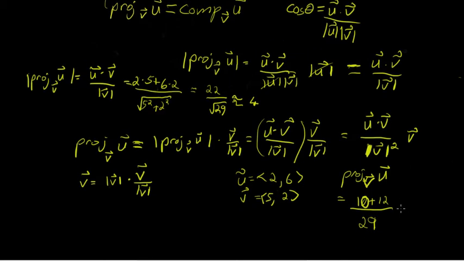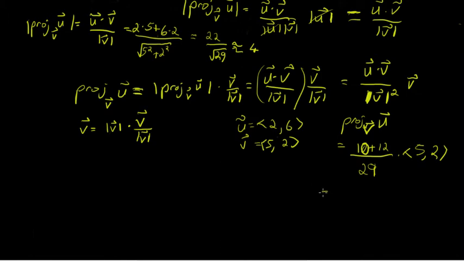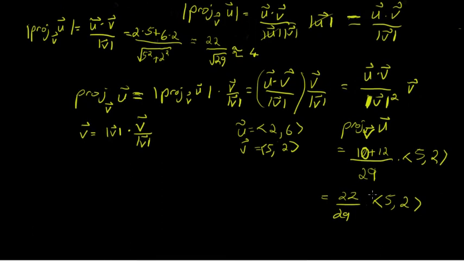It's just the vector 5, 2. So we have 22 over 29 times 5, 2.